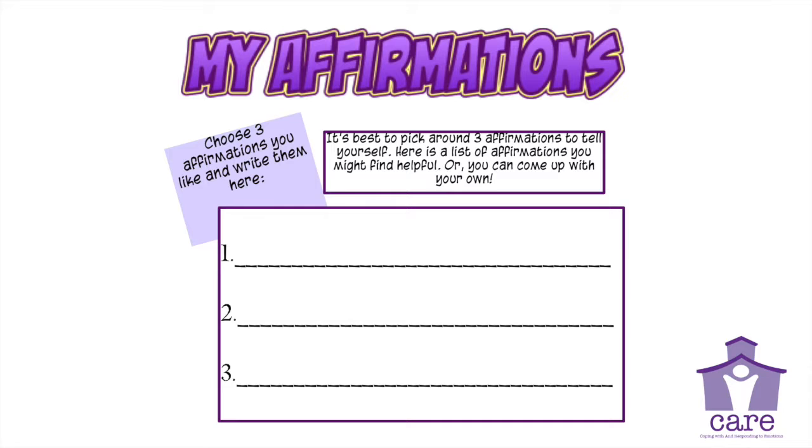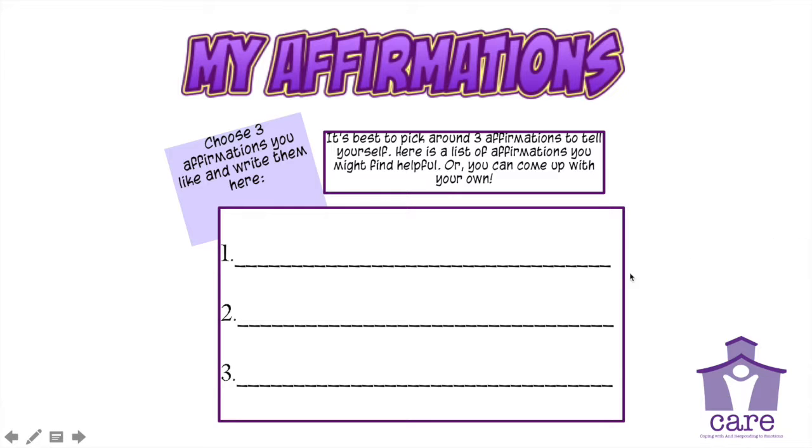They can use the 10 that were on the previous page, page 72, or if they have their own idea of what they want their affirmation to be, they can come up with their own. Just encourage them that an affirmation is typically short and it's a positive statement. Have them write down the 3 that they liked the best.